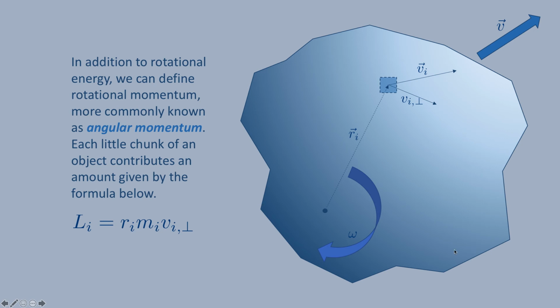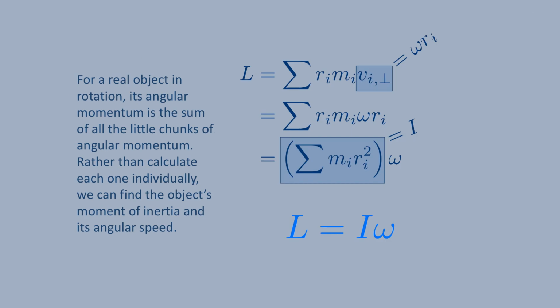So what we need to do to find this angular momentum for the whole rock is to add up all of the little masses, just like we did for rotational energy. So the work is fairly similar. We sum them all up, Ri, Mi, Vi perpendicular, and recognize that Vi perpendicular is omega times Ri, just like we got before with the rotational energy formula.